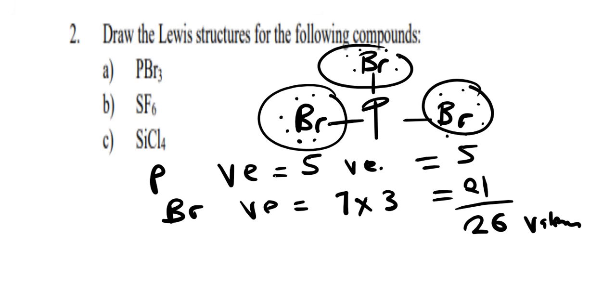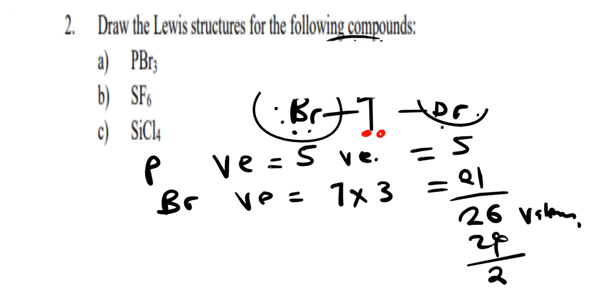That will be 24 electrons used from 26. So since 24 have been used, when we subtract, we're going to have 2. Where are we going to put the 2? Those 2 act as the lone pairs here. So that will be our final structure with lone pairs of electrons on the phosphorus atom, like that. So that's how you solve the first one.